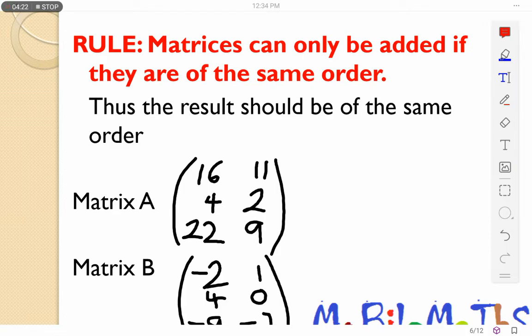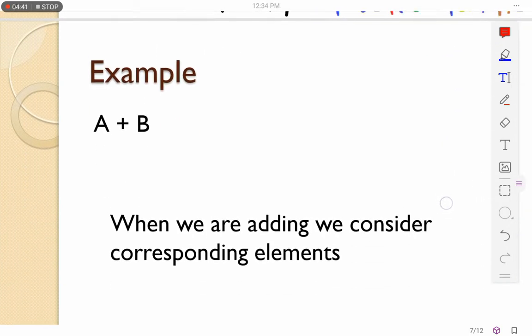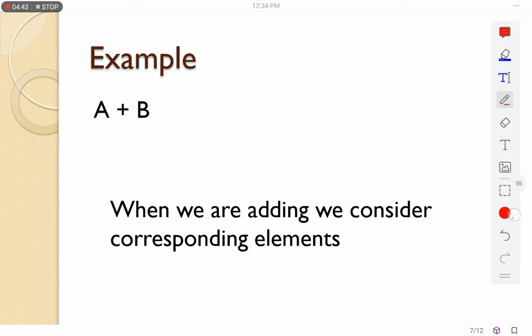We have got matrix A and matrix B. We are going to use these matrices to add and find the solution, and also subtract. So we are introducing addition and subtraction of matrices. For starters, let's look at A plus B. If we have A plus B, this is what we will have.